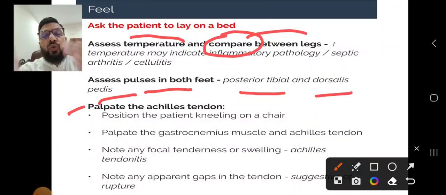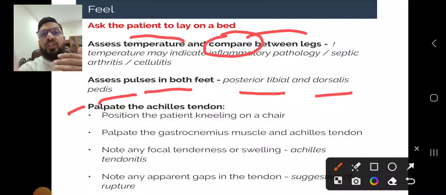You can do it either before asking the patient to lie down on the bed, so that the patient goes on the couch only one time, or you can perform it at the end, not in between. If the patient has gone to the couch, and you ask them again to come to the chair and again to the couch, it will just waste your time and also deduct your marks. So it is your own arrangement.